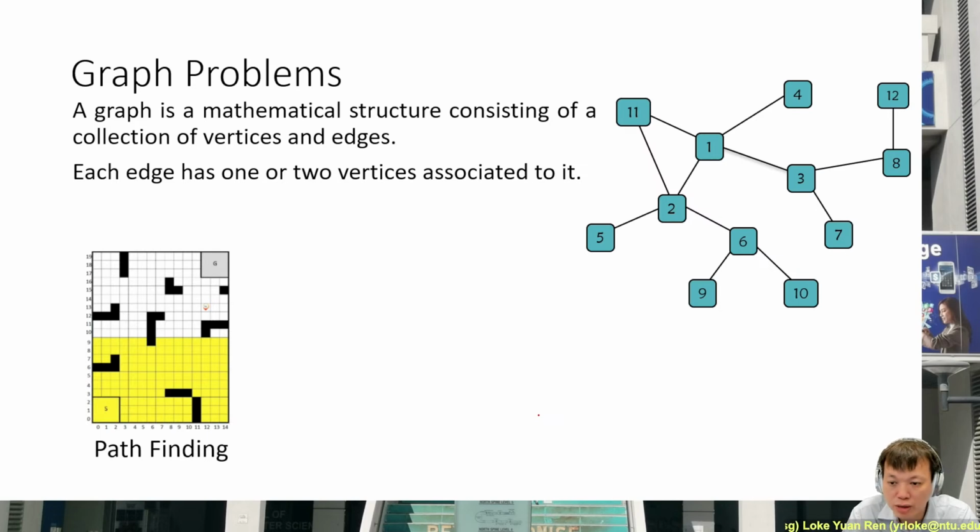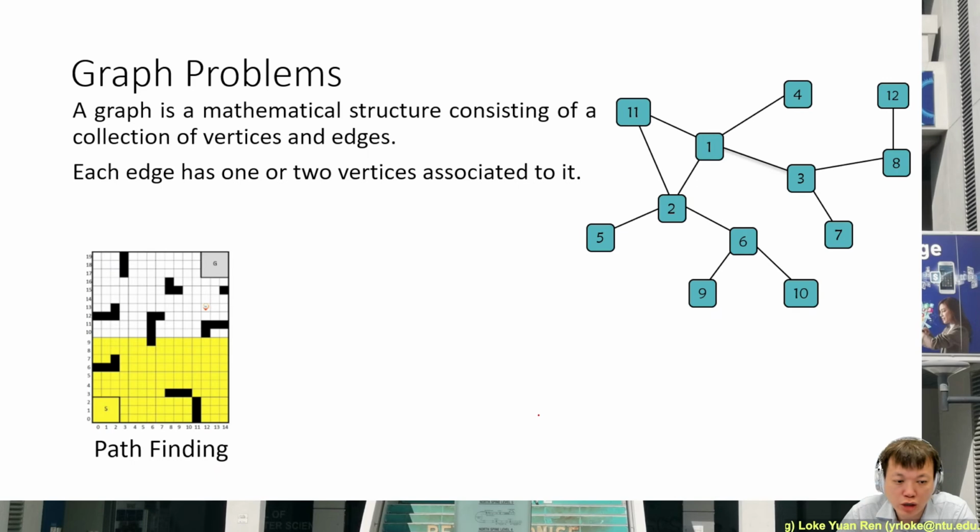Then you may want to visit every node in the graph, or you want to search for a path in the graph, and so on and so forth. One of the applications is path finding.